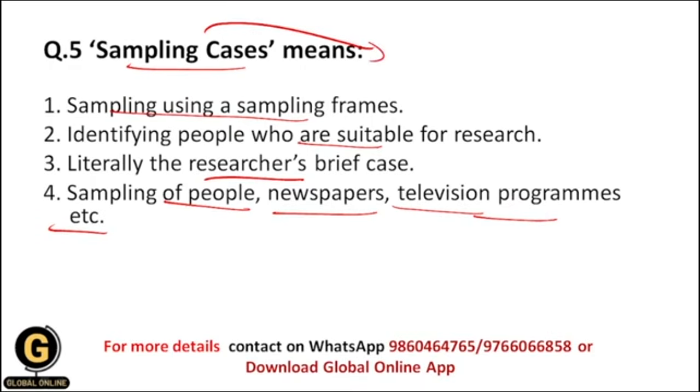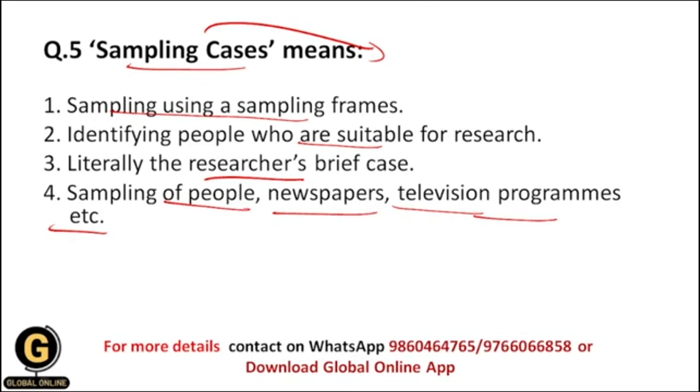Sampling techniques means we are selecting samples from the population, right? What are cases? Basically cases means particular people, individuals. Cases can be anything, incidents, any objects. That's why sampling cases means the case that we have selected as a sample from the target population.